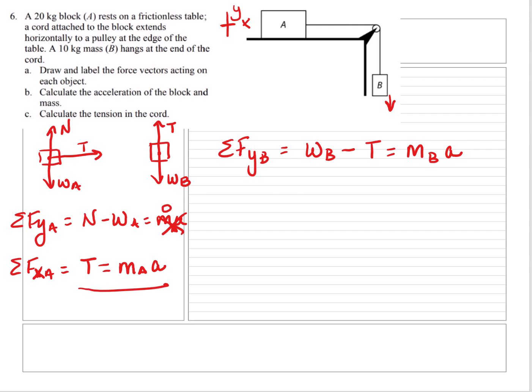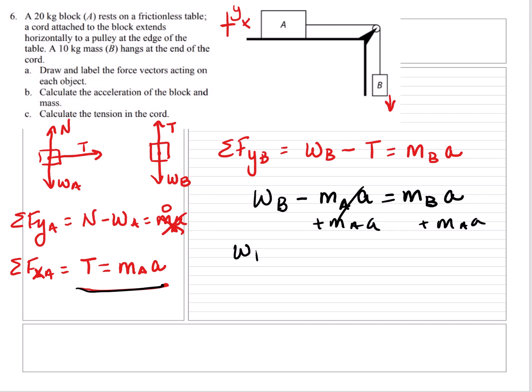Now I'm going to substitute in for T. So we said that T is m_A a, so this is going to be W_B minus m_A a equals m_B a. I'm going to add m_A a to both sides. So then W_B becomes m_B a plus m_A a.